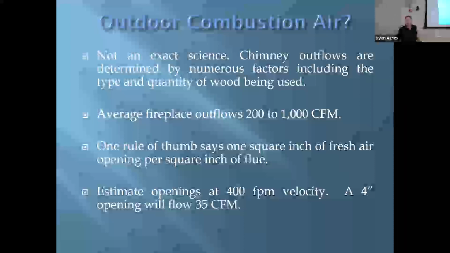And so if we use that 400 feet, then we can chart on a duct calculator and start looking at different sizes. Just for an example, a 4-inch round opening will give you about 35 CFM. So that's not going to provide enough into the fireplace. We're going to have to use quite a bit more.